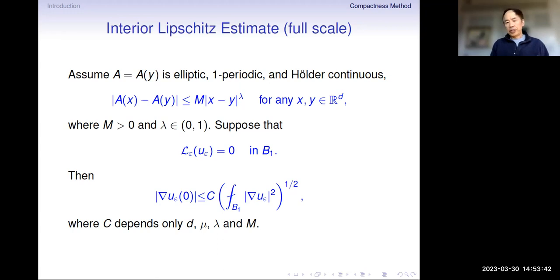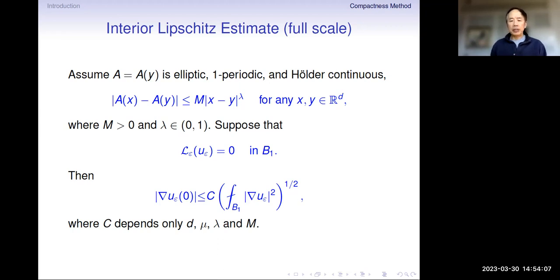Okay, so this is most likely something you saw in a PDE book. You always deal with harmonic functions first, and this is of course true for harmonic functions. And now the point is that this is extended to elliptic equations appearing in homogenization theory here.